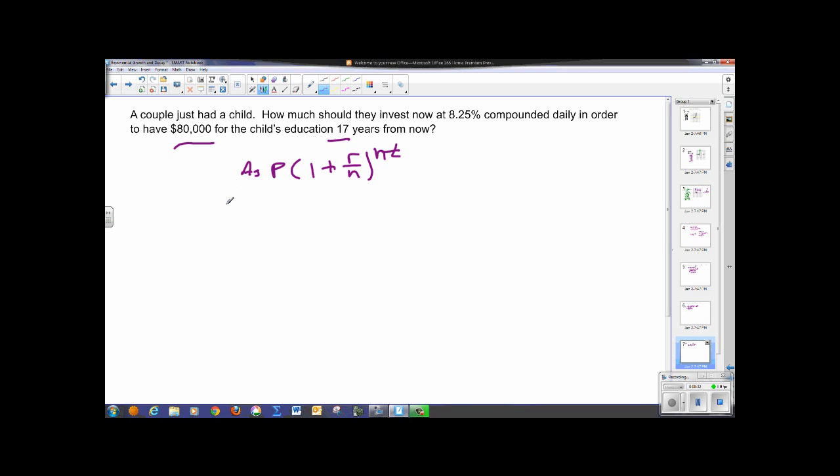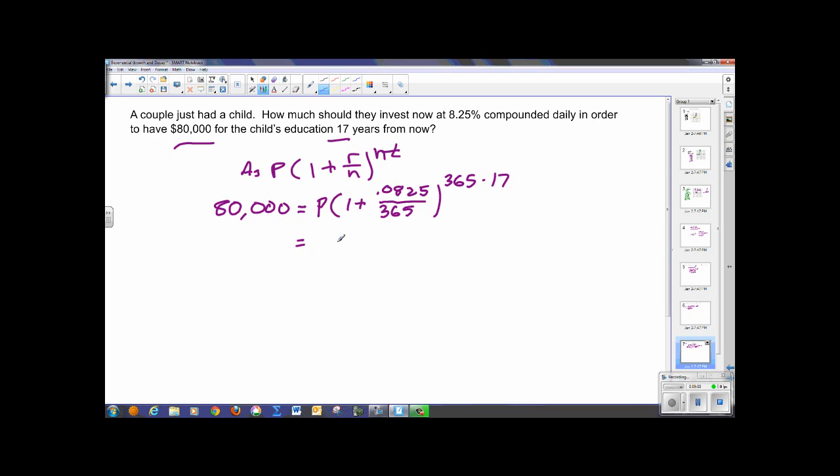Okay, we have a final amount of 80,000. We don't know the initial amount, so I'm just going to put that as P. 1 plus our rate is 8.25%, so 0.0825. It says it's compounded daily over the course of the year. So there are 365 days in a year, and that's how many compounds we get on this. Raised to the n, which is 365, and we're doing it for 17 years.